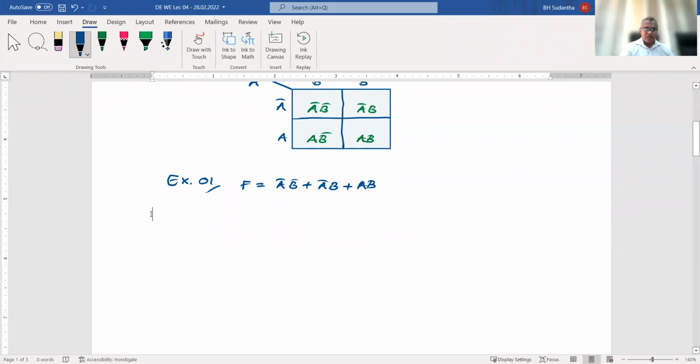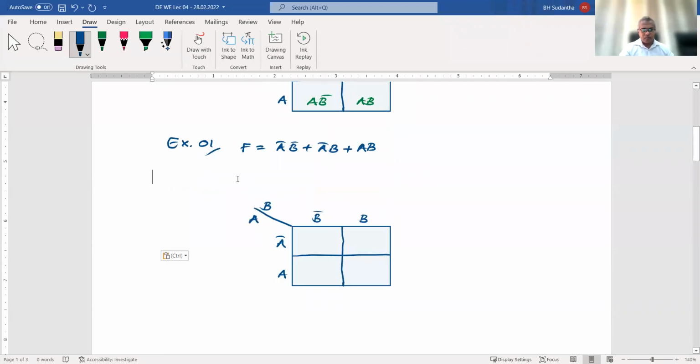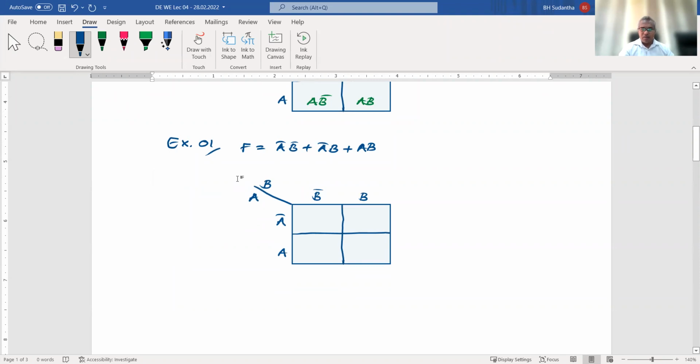First thing we have to do is mark these terms on the map. What is the first term? It's A bar B bar.